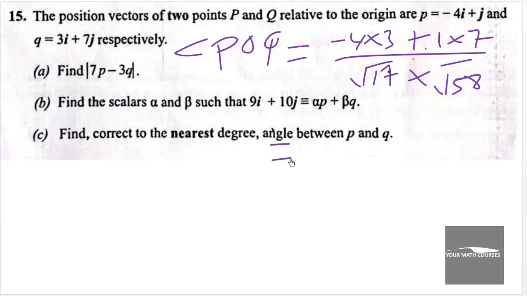And that will simplify to negative 5 over square root of 17 times 58.